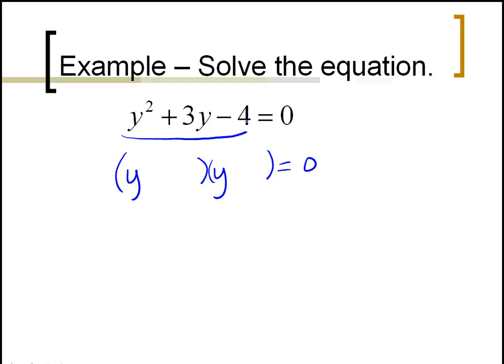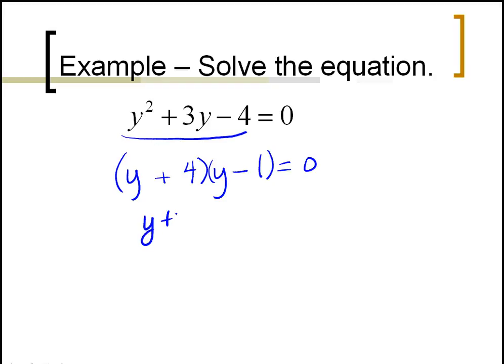What are the factors of 4 whose difference is 3? And that would be 4 and 1. If there's a difference on the last sign, the signs in the binomials have to be different, with the larger one being positive. So we have it as y plus 4 times y minus 1. Factoring is key here. If you get your signs wrong, obviously the solutions are going to be incorrect.